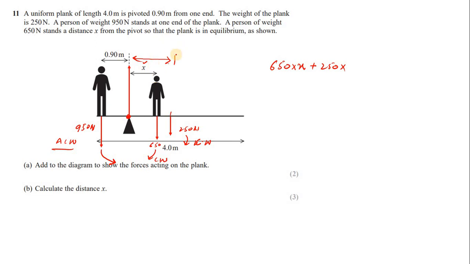So we know that the plank is 4 meter long, and this is the weight, so that distance is 2 meter, half of the rod. And this is 0.9. So this is 2 minus 0.9, which is 1.1 meter. So 250 times 1.1 meter is equal to the anti-clockwise moment, 950 times 0.9.